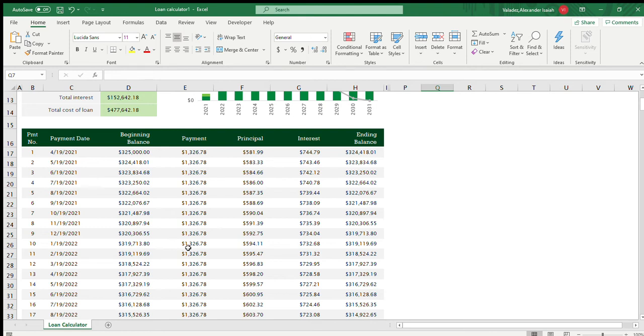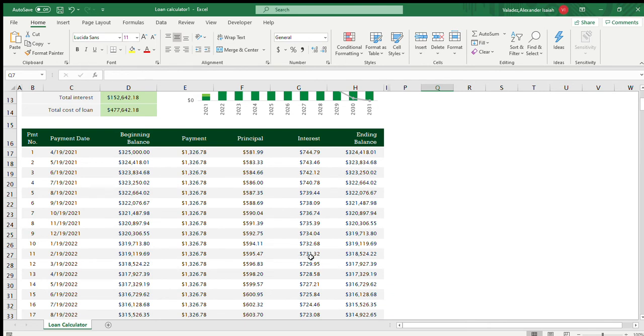Our payments will still be $1,326. And what you're paying towards the principal, which is knocking down this number right here, is $594.11. Your interest is going to be $732.68. All right. So when you subtract this principal amount from the beginning balance, this is where you get the end balance.